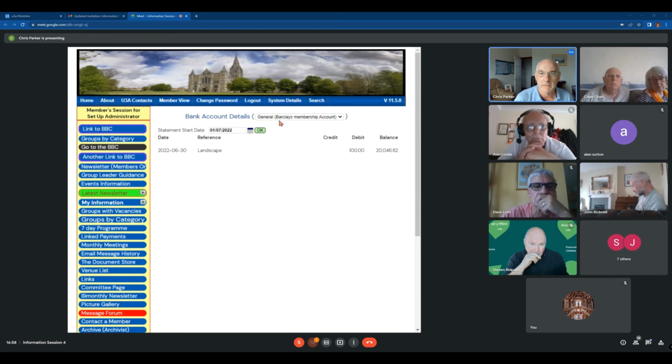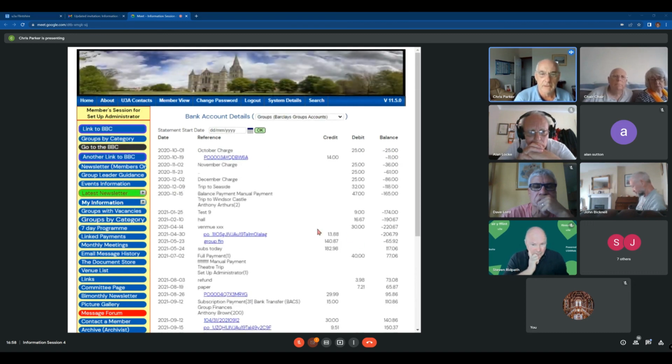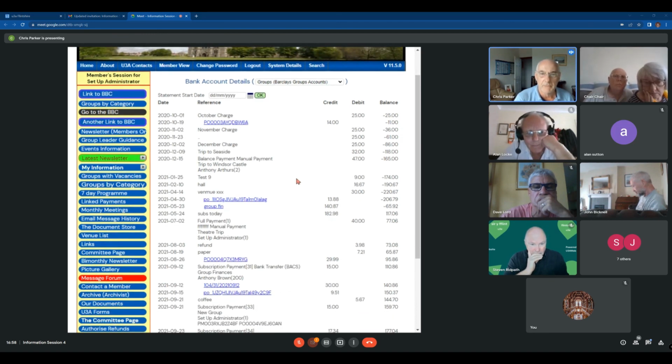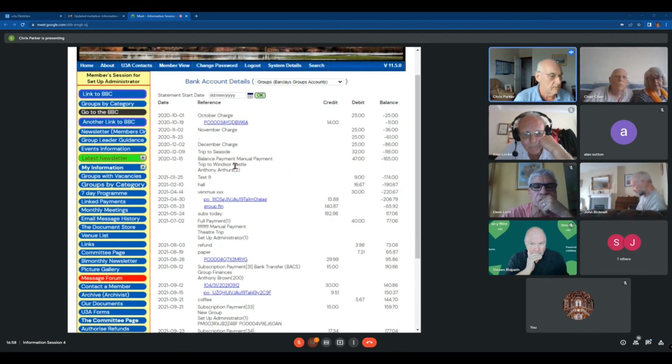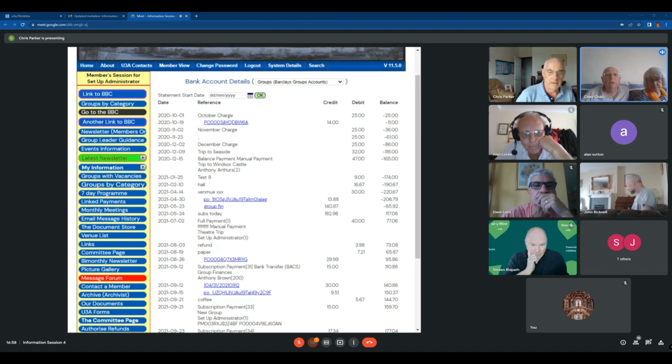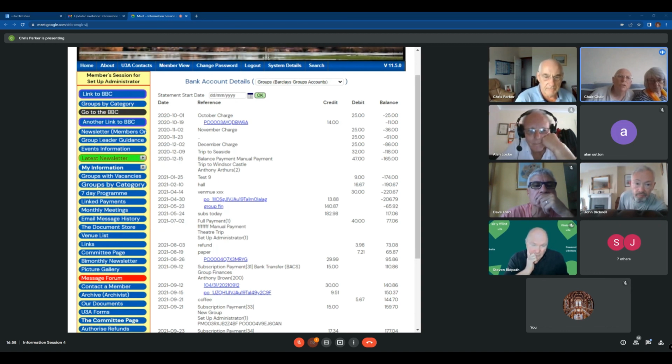Oh, right, okay. Is it here where it's showing the payments, and you can click on here and show the breakdown? That was it. Yeah. So bank account details. Select the bank account, and a date, and then it should display.